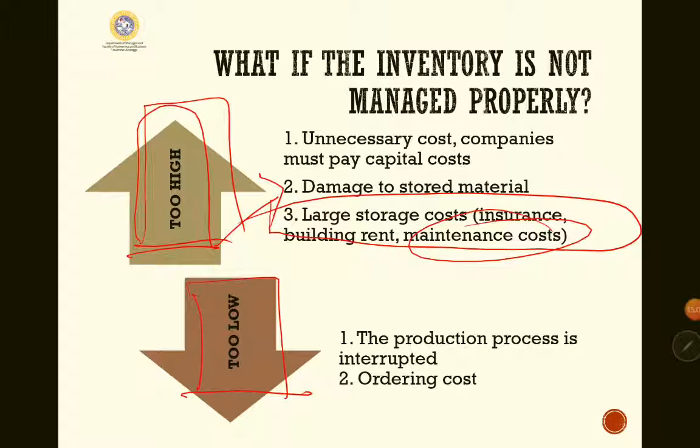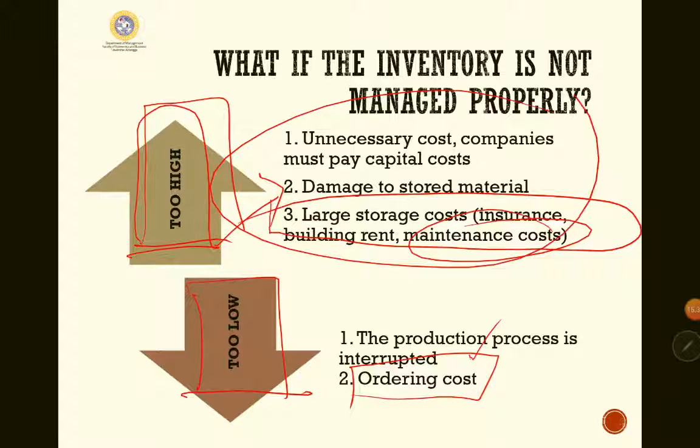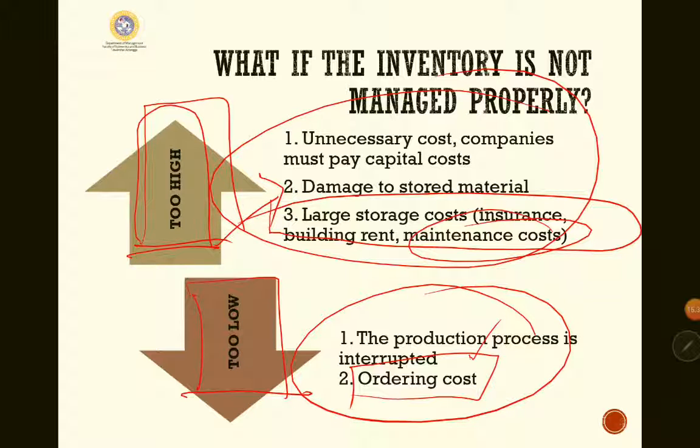What if it is too low? The production process could be interrupted, and you might have more costs related to ordering. So those are the two scenarios if you can't manage your inventory properly. Either it is too high or too low, with all the costs related to those scenarios.